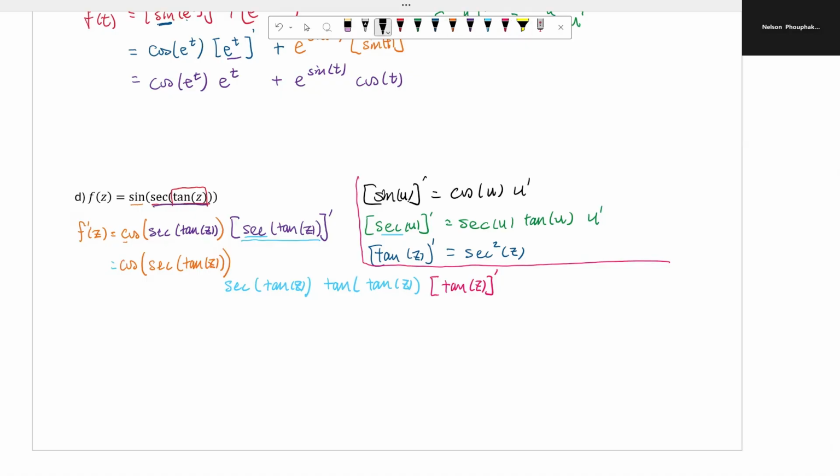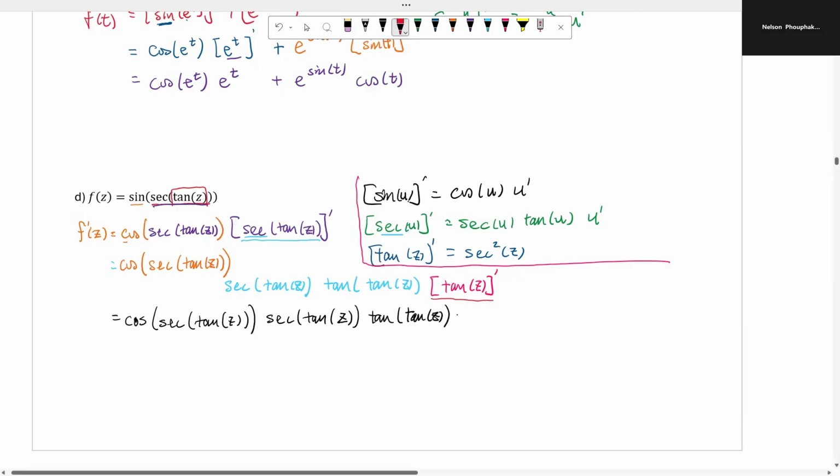And now my answer will be cosine of secant of tangent of z, multiplied by secant u tangent u, and then multiplied by this one here.